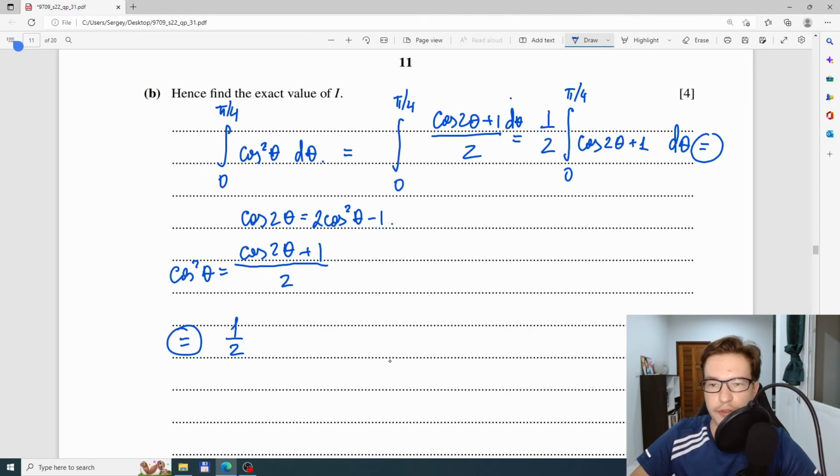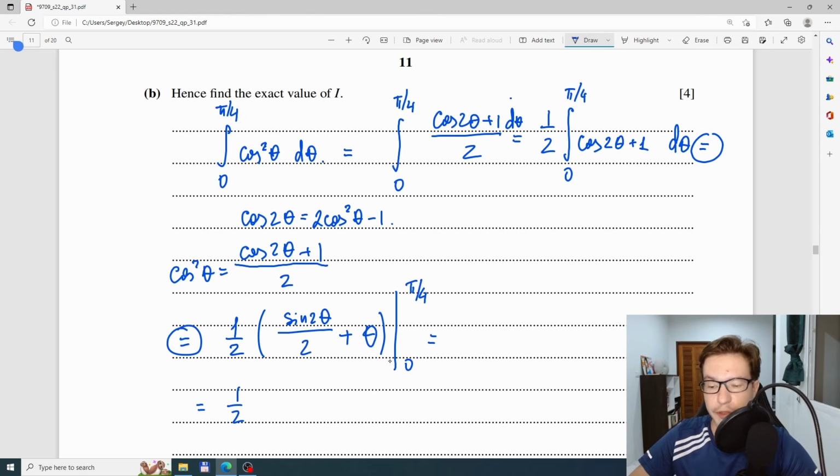So the integral of cosine is sine 2 theta. Then because we got 2 next to theta, I'm going to divide by 2. Plus the integral of 1 is just theta. And our limits are from 0 to pi over 4.